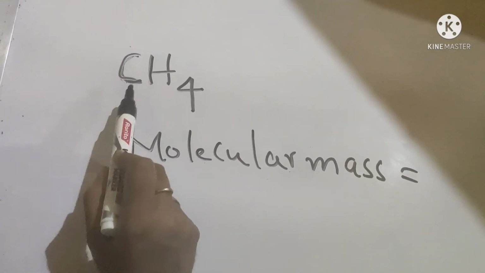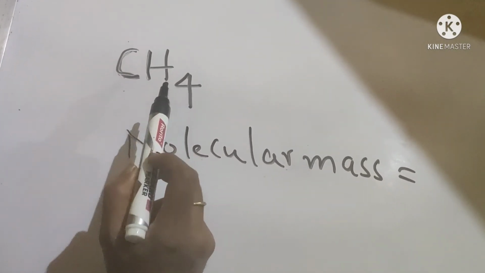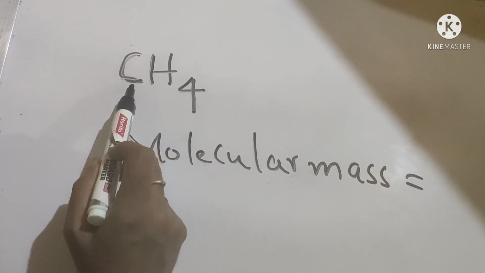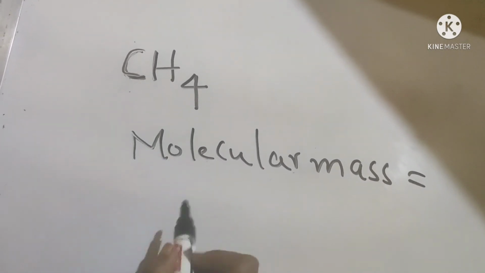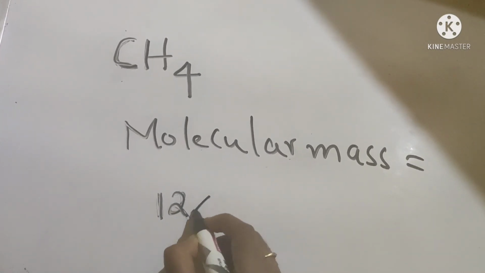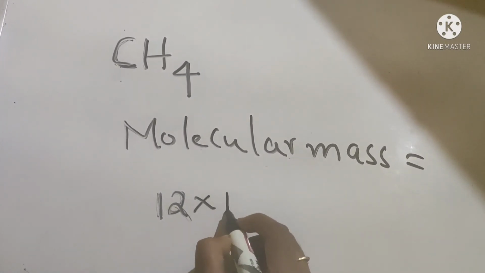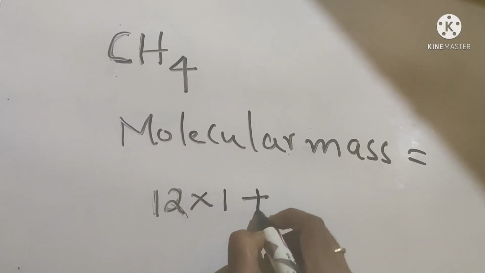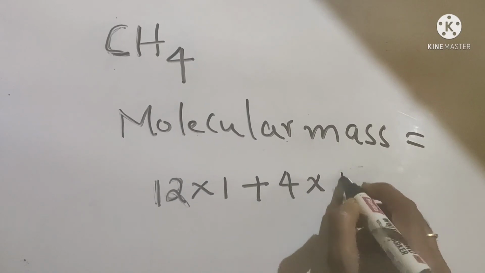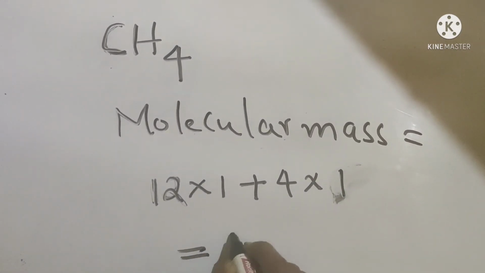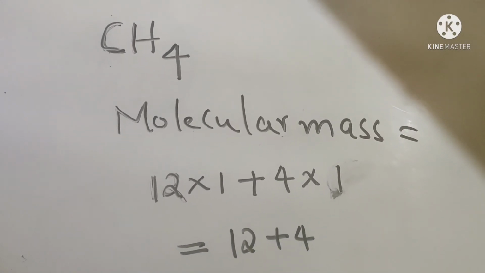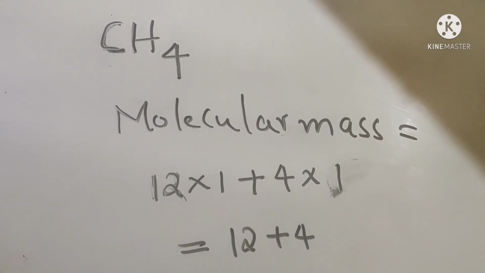In methane, there is 1 carbon atom and 4 hydrogen atoms. So it is 12 into 1, because there is 1 carbon atom, plus 4 into the atomic mass of hydrogen 1, which is equal to 12 plus 4 equals 16 U.